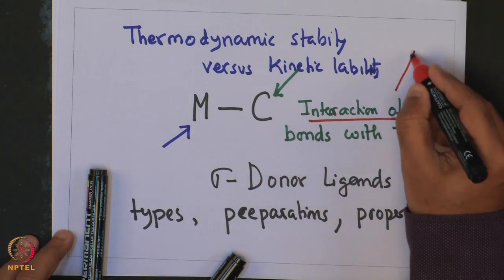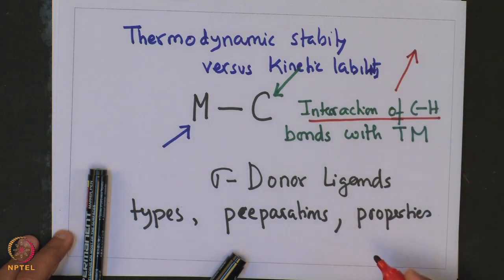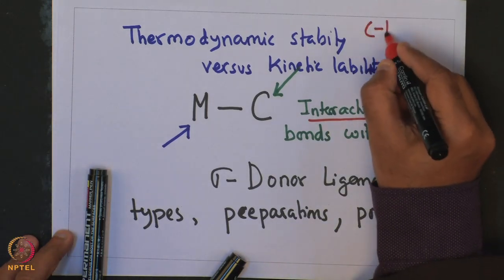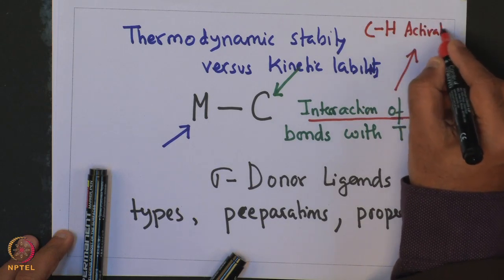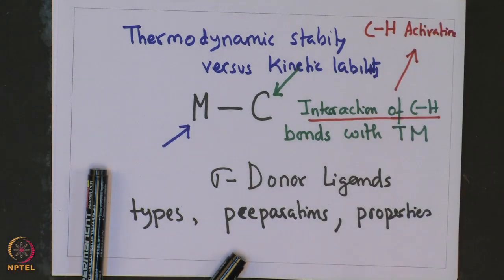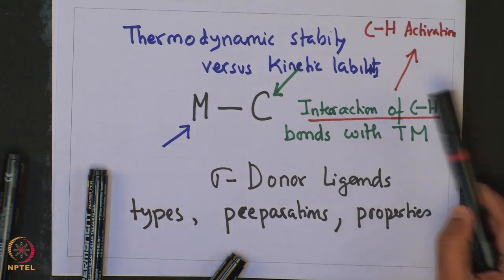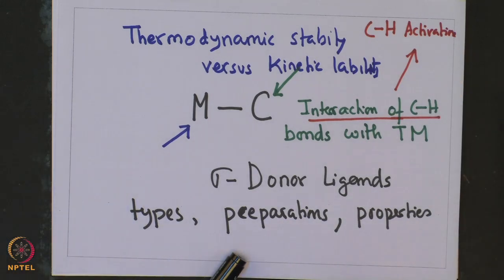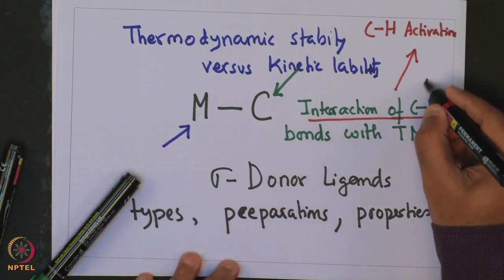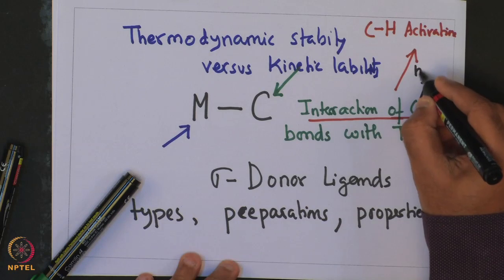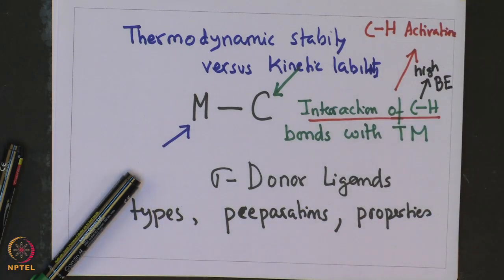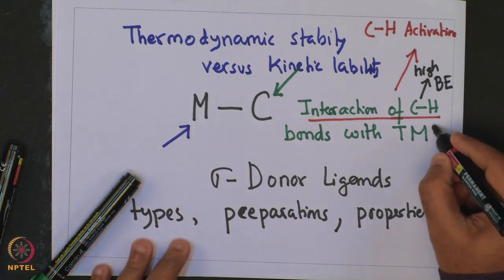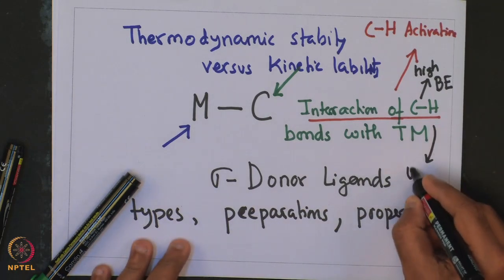Currently, this area is called CH activation. This is a challenging area as the CH bond strength is very high, with high bond energy, and CH bonds are ubiquitous.